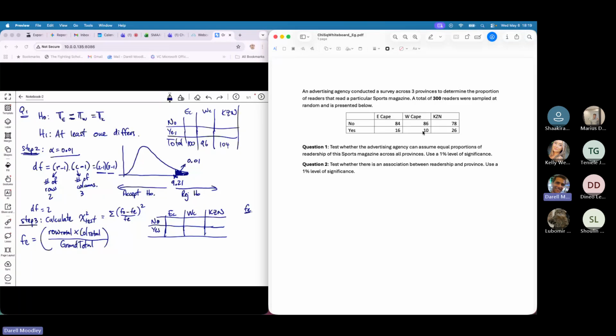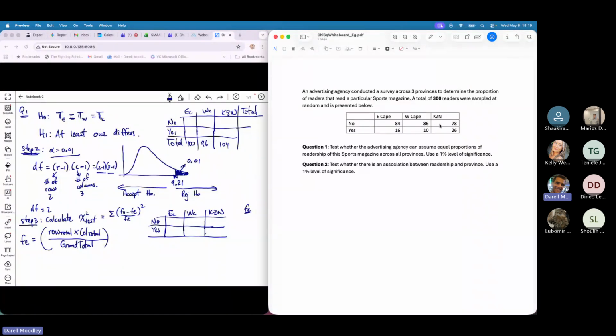Now, if you add up the values going horizontally, you also get a total. Look at everyone that doesn't read this magazine, in other words, everyone in the row where it says no. That means you've got 84, 86, and 78.